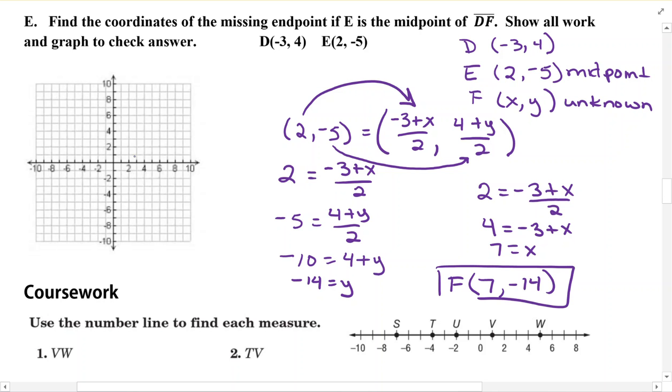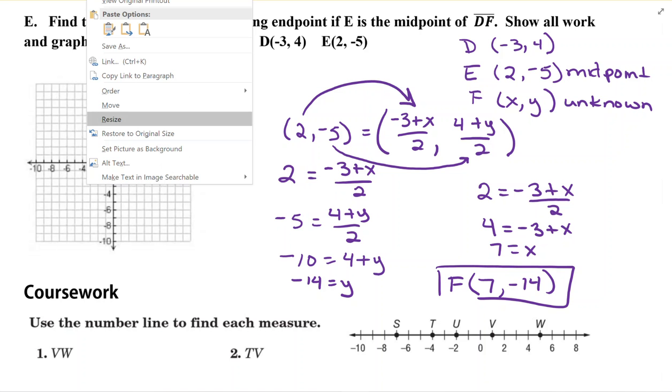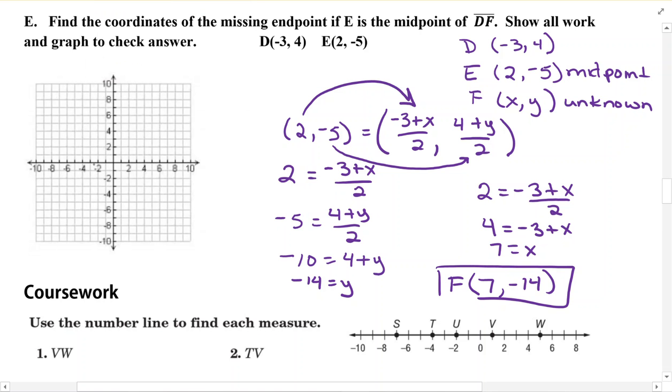Graphing it, D, which was one of the endpoints, was (-3, 4). The midpoint was (2, -5).